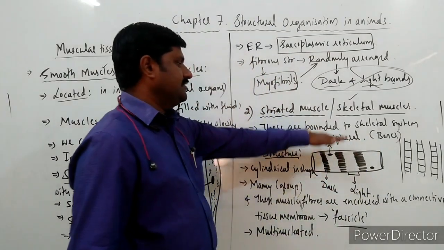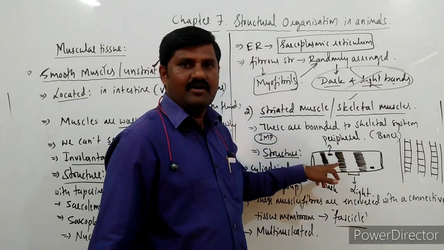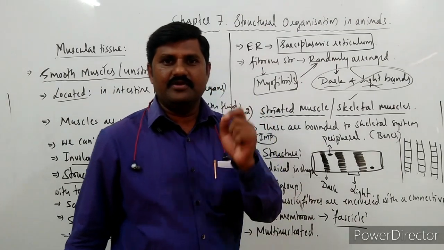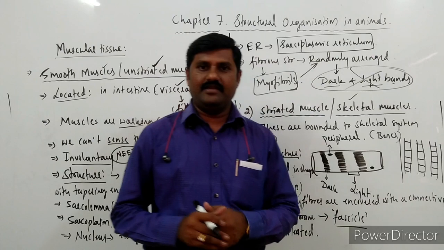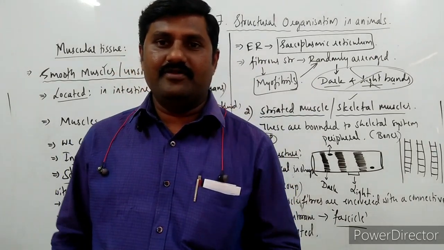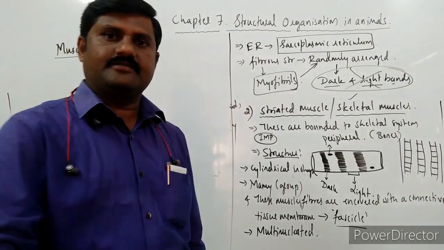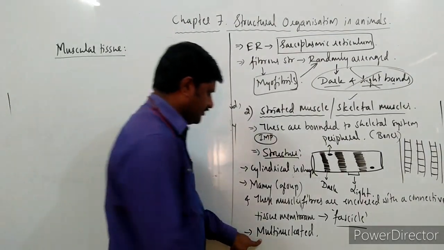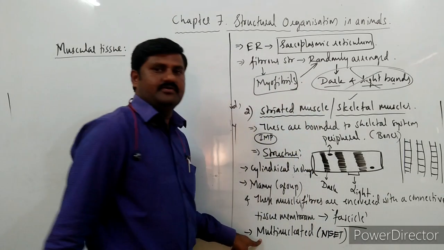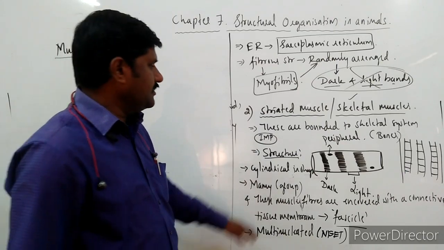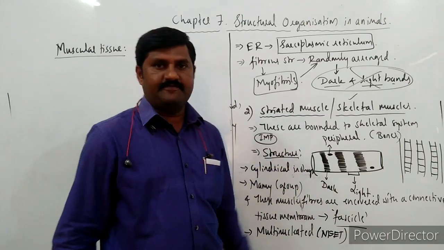Peripheral means towards the end, right? So in the peripheral part of the muscle fiber, the nuclei are present. So they are multi-nucleated, right? Note this very clearly. Multi-nucleated condition, you must remember, is very important for the NEET examination. The nucleus is located towards the periphery of the muscle fiber.